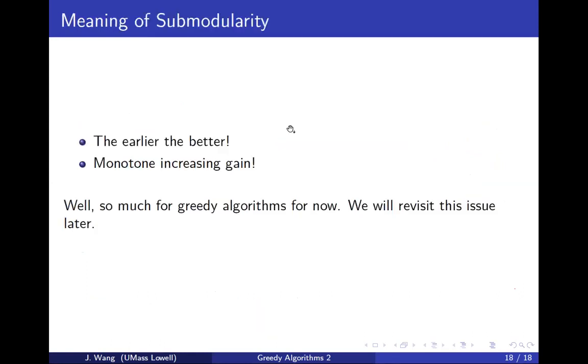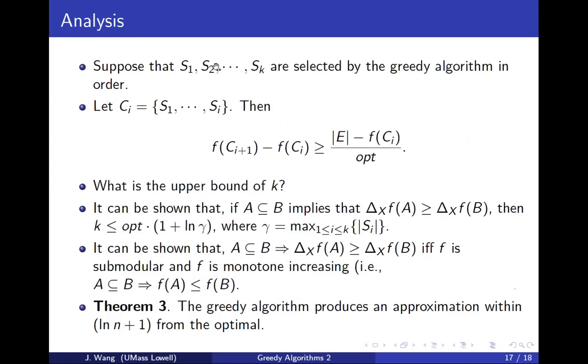Now let's take the analysis. Suppose that S1, S2 up to Sk are selected by the greedy algorithm in this order. So we first pick set S1 and then pick S2 and so on. Then we let Ci be S1 up to Si.